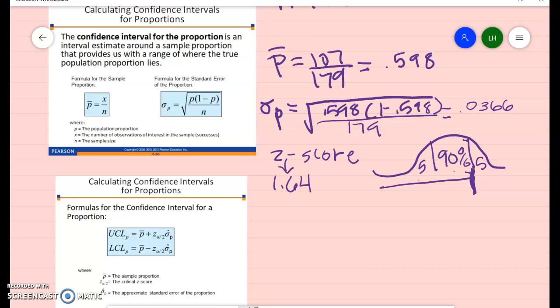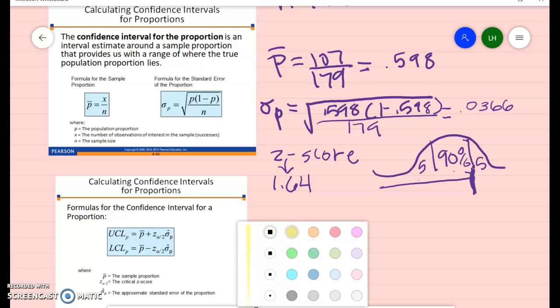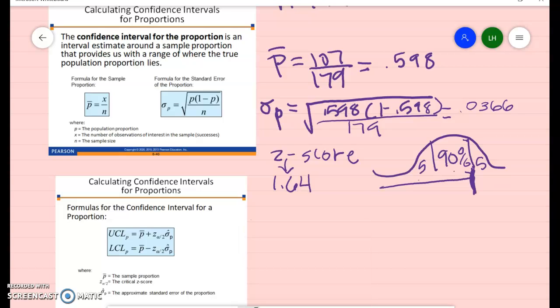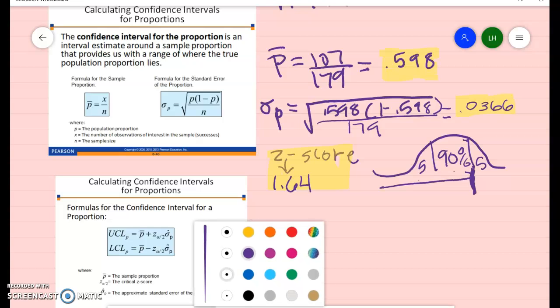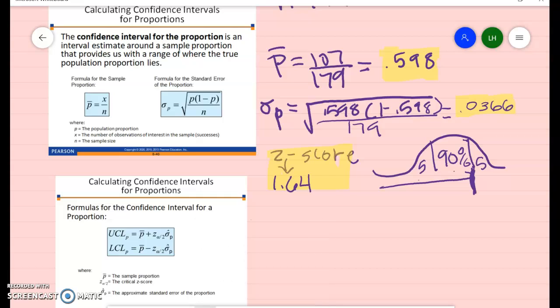Okay, so remember, to do your confidence interval, you have to have 3 things. You have to have your z, you have to have your standard error, and then you have your sample statistic. Here it's a proportion, and other times it was a sample mean, but this is a sample proportion.